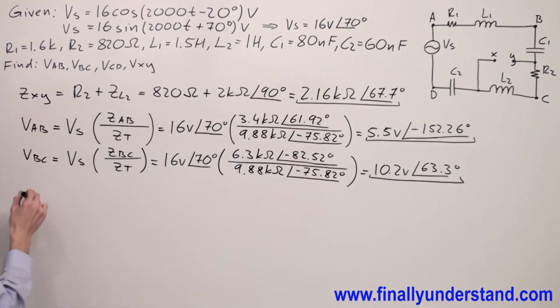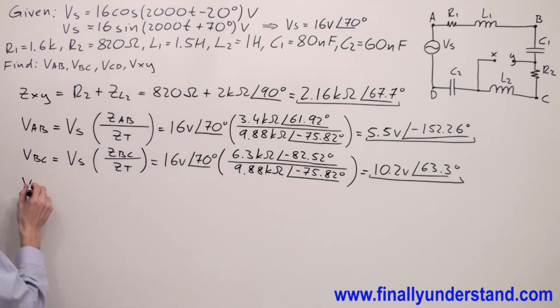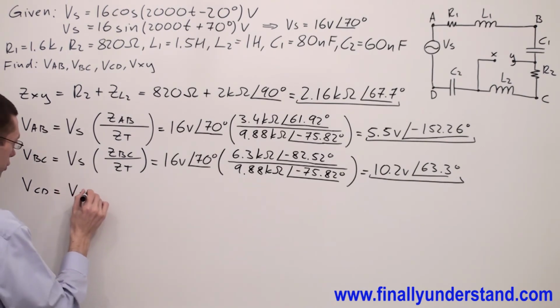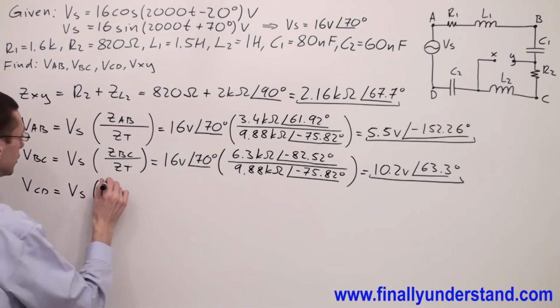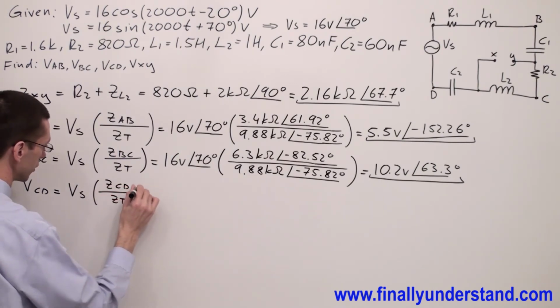Next, we're supposed to find voltage CD, okay? So voltage CD is equal voltage source times ZCD over Z total.